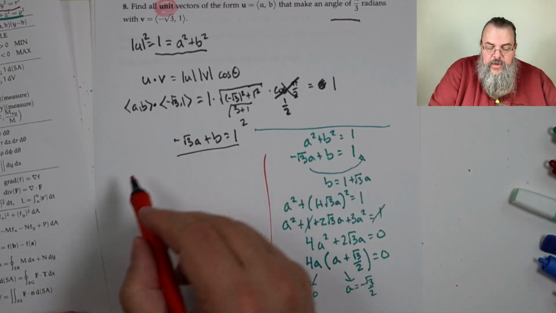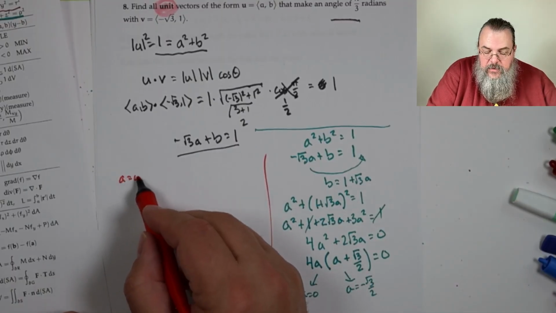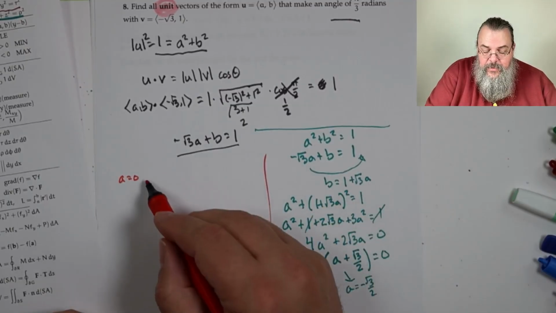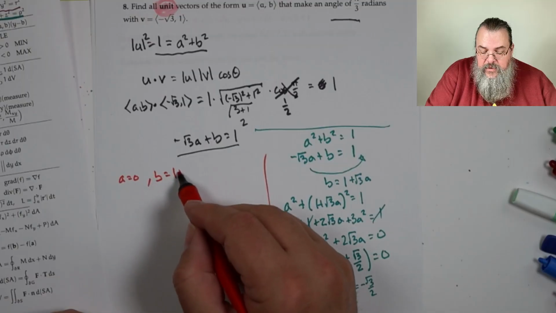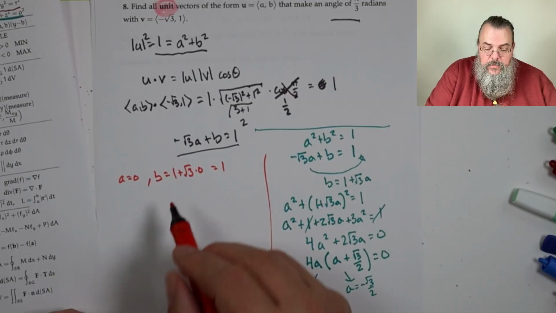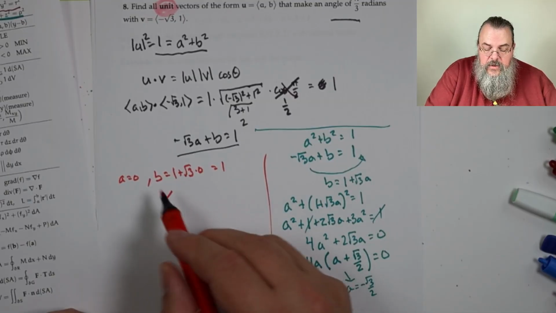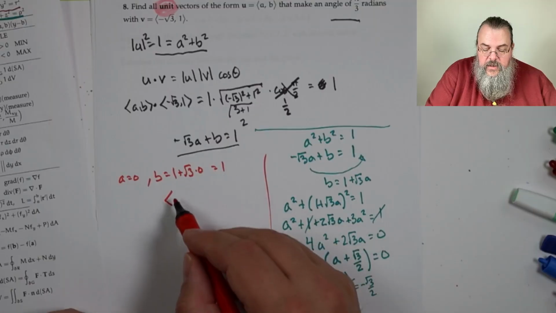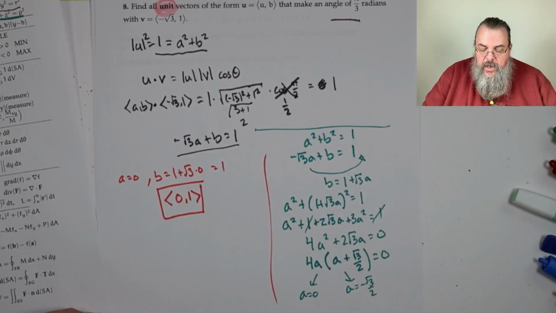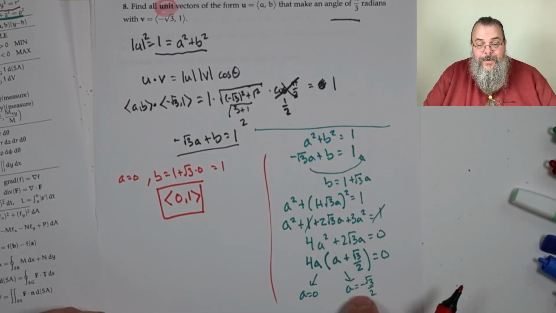Okay, now what happens if a equals 0? Well, b is 1 plus root 3a, so b equals 1 plus root 3 times 0, which is 1, which gives us our vector 0, 1. All right. But there's a second one.